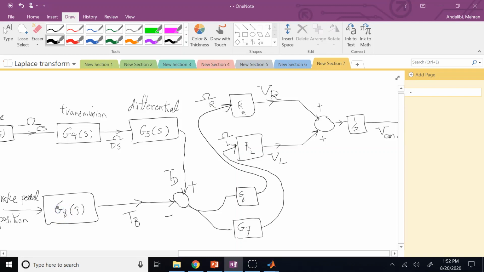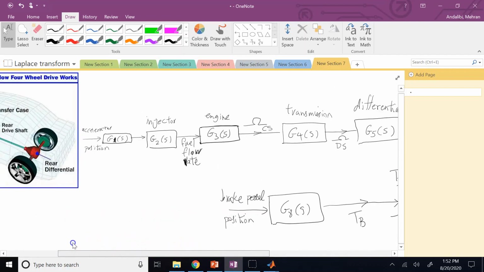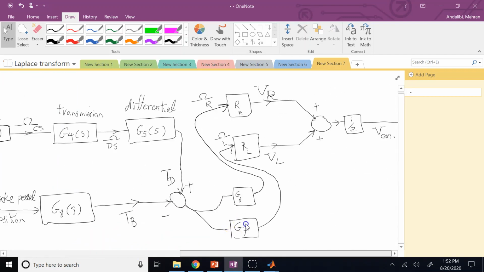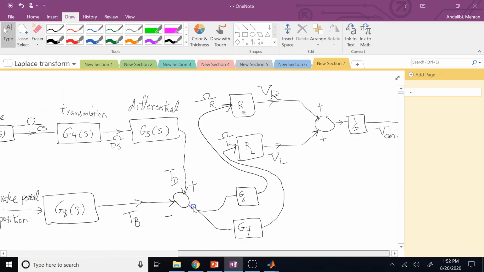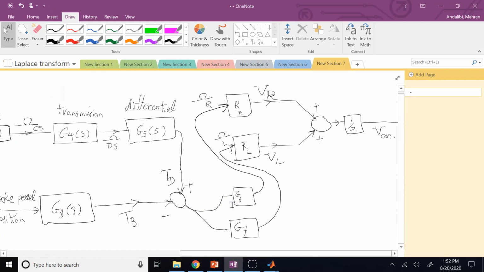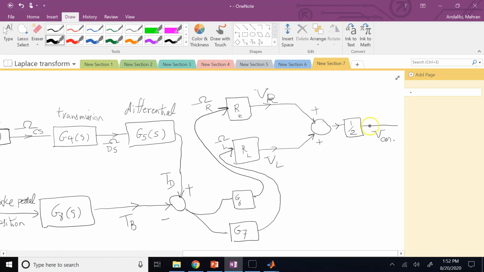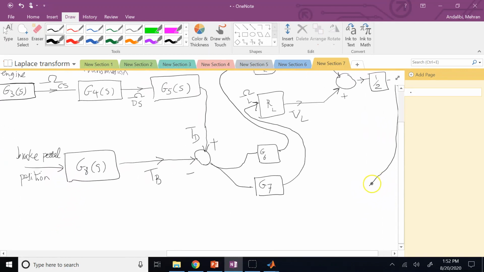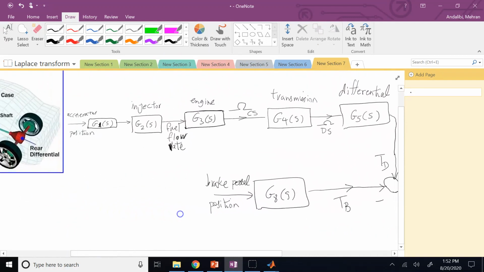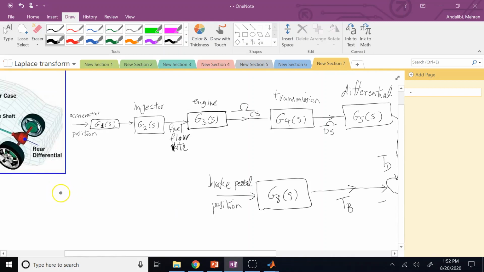Again, it's even more complicated than this. So this is just the feedforward system, brake and accelerator. Now if you have a cruise control, the cruise control will get a feedback from here. Okay, it will get a feedback from here. And then you have your own what?